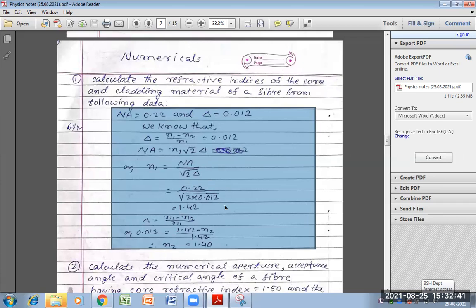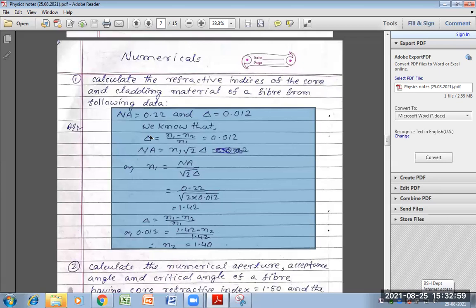Now again we have to determine the refractive index of the cladding. We know that refractive index change delta is equal to n1 minus n2 divided by n1, and the value of delta is given here.